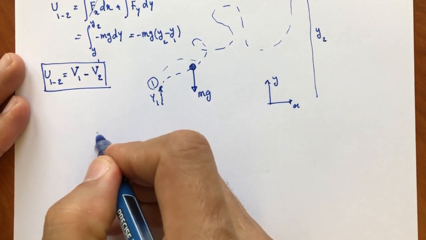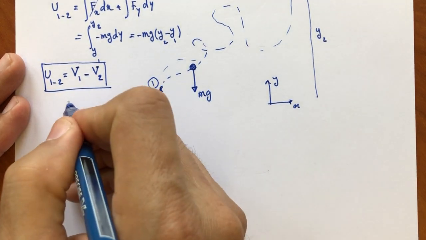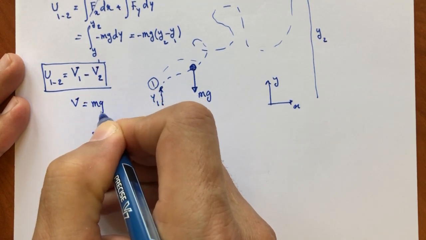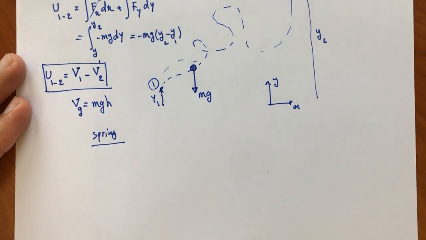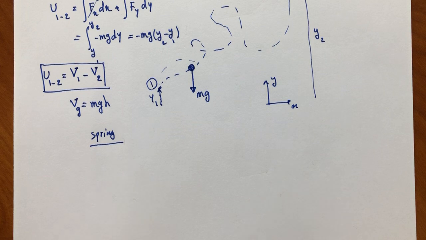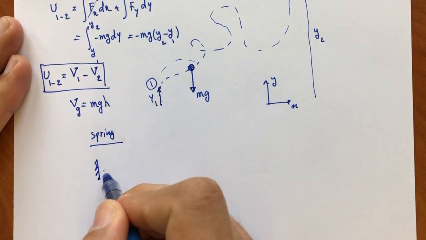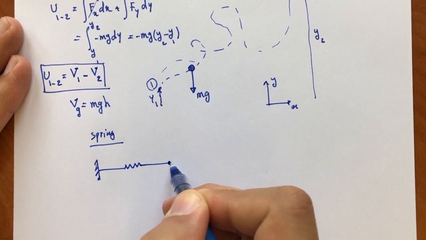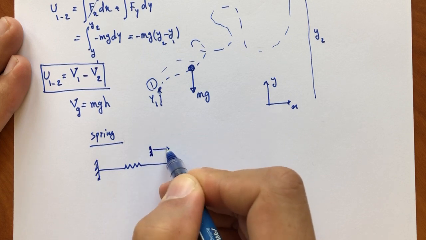Let's talk about the spring. Before that, V for gravitational force here is mgh, and sometimes we show it with Vg, which means potential energy for gravity. For a spring, let's say we have a spring and the stretch of it is x.